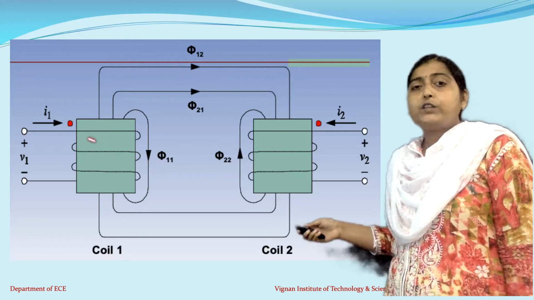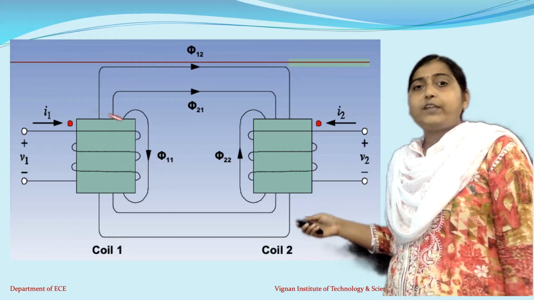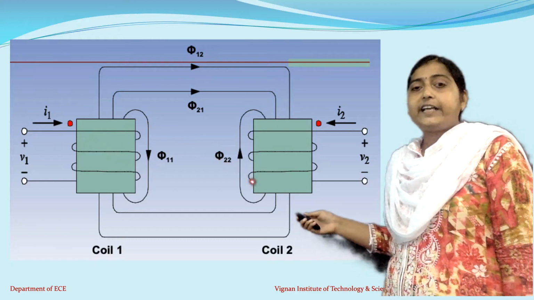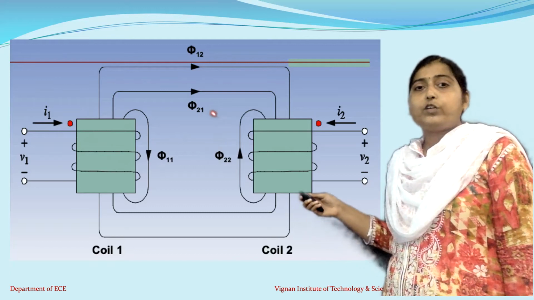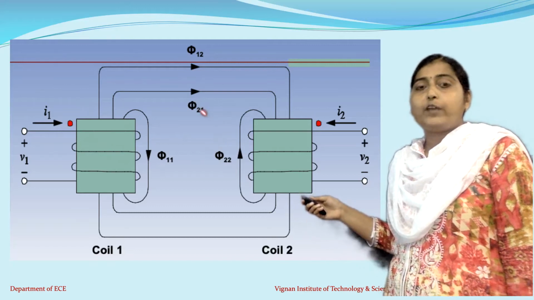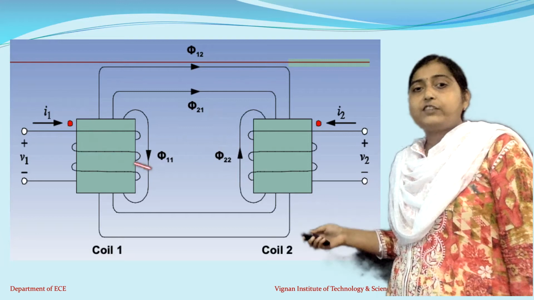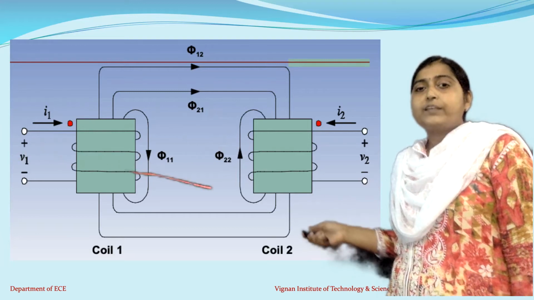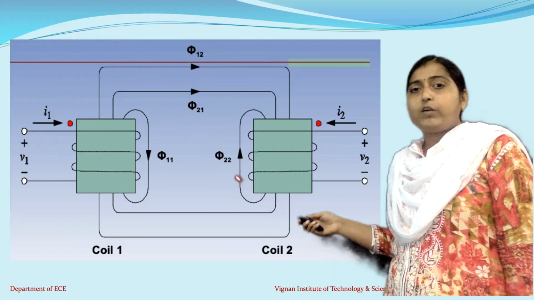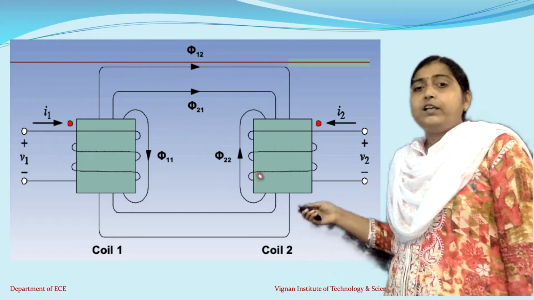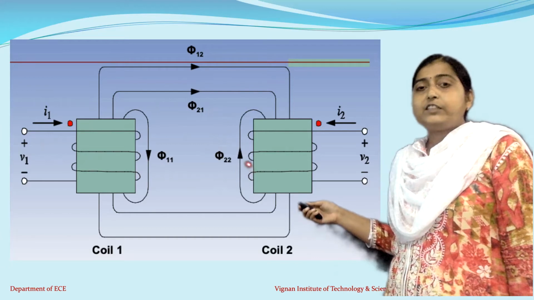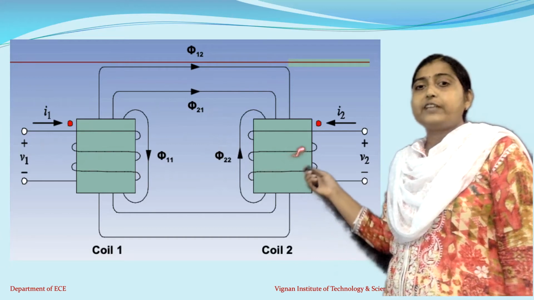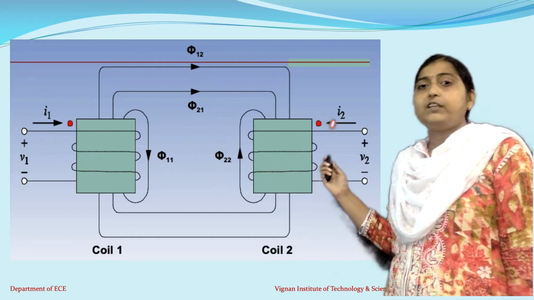Now because of this first coil, some flux will be induced on the second coil, which we are going to represent as phi 2 1. Now this flux will induce some voltage, which we represent as V1. Same is the condition with the second coil. In the second coil, the current flowing through the second coil is represented with I2.